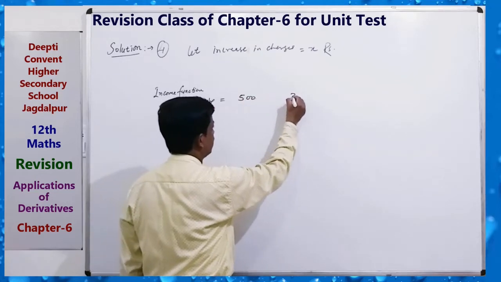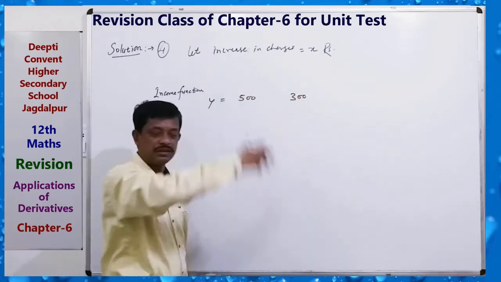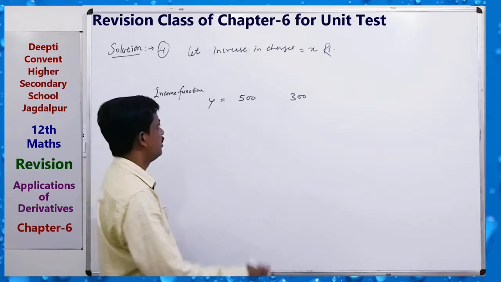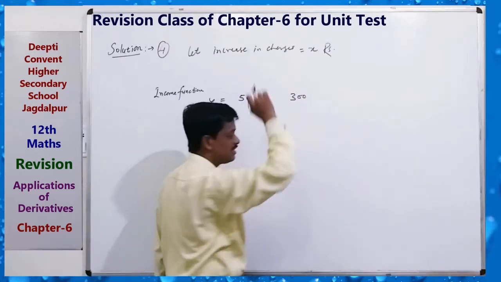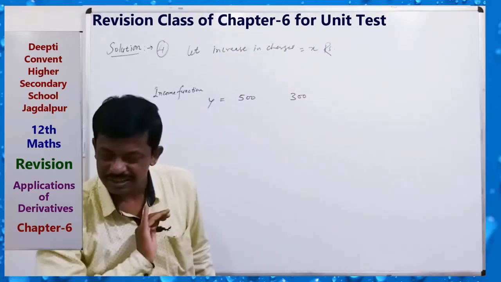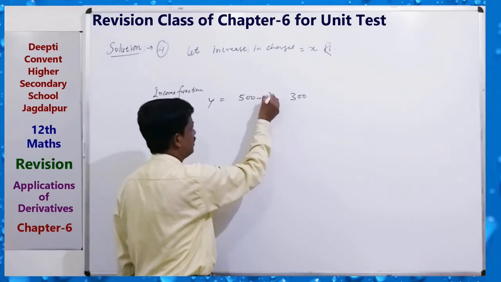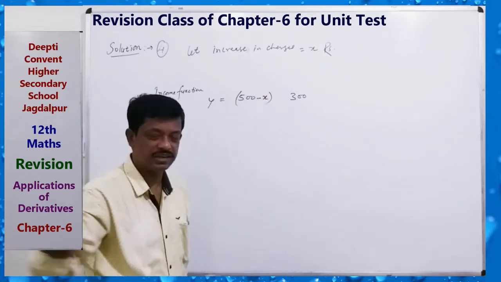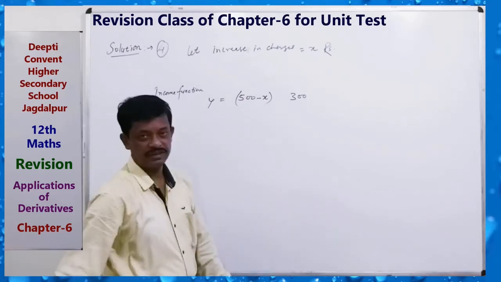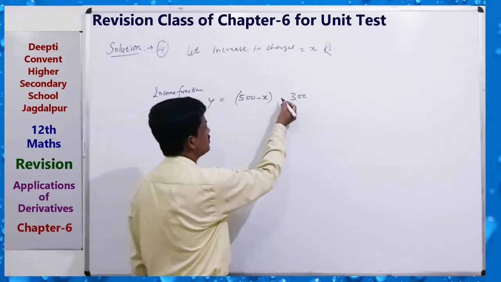500 into 300 is the previous income. If X rupees increase the charge, then X persons will be deducted from 500, as 1 rupee increase means 1 can discontinue. Clear?